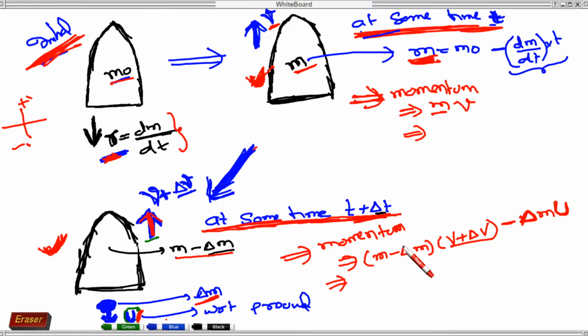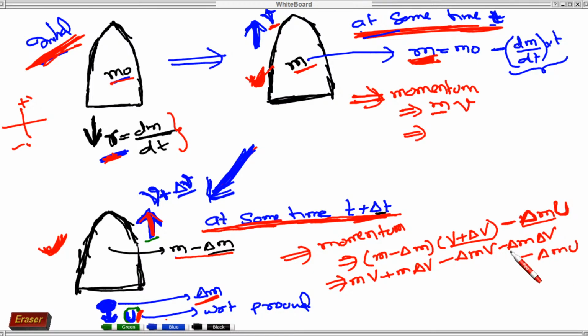Open it up. mv plus m delta v minus delta m into v minus delta m delta v, and this one minus delta m into u.